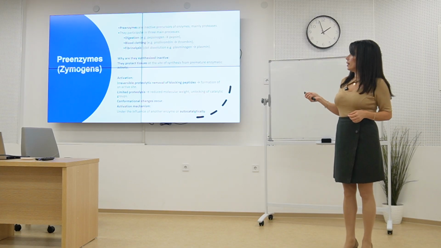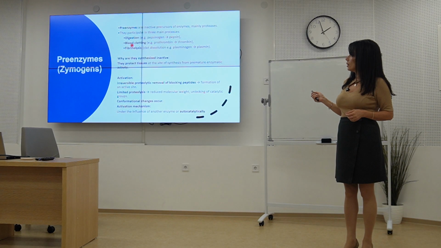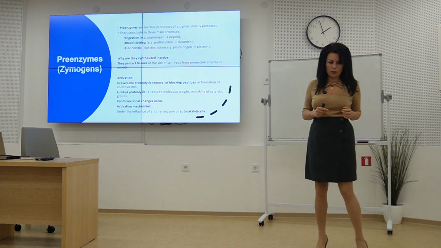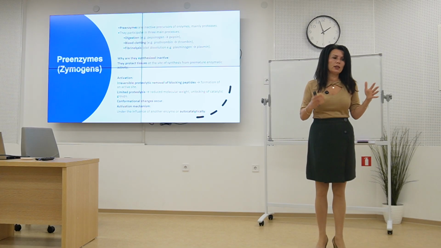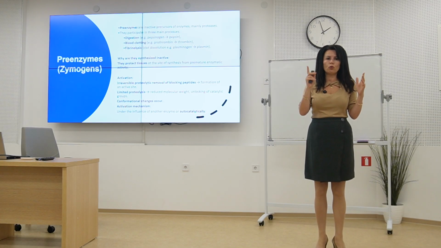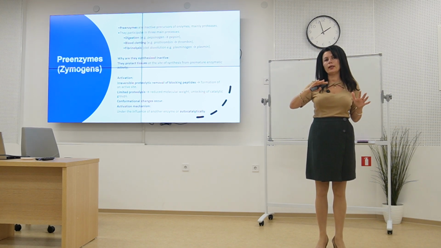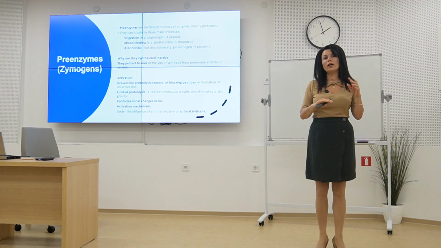The second example is all enzymes involved in blood clotting. Blood clotting, the other name is hemostasis. This system is used for one reason, to stop bleeding. All enzymes involved in this coagulation cascade are formed as precursors, as proforms.